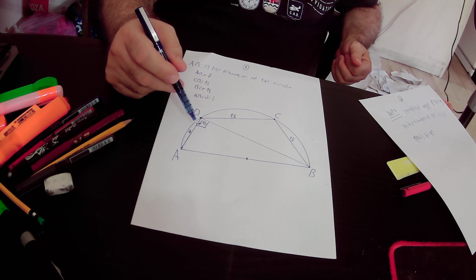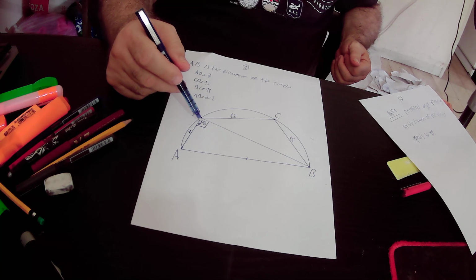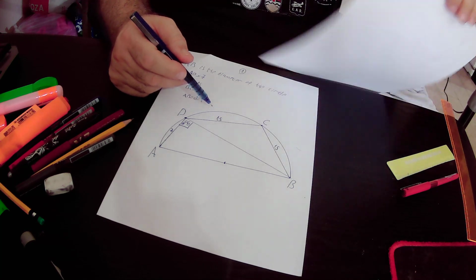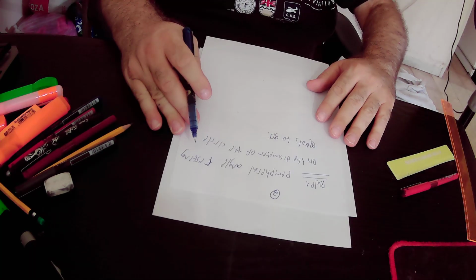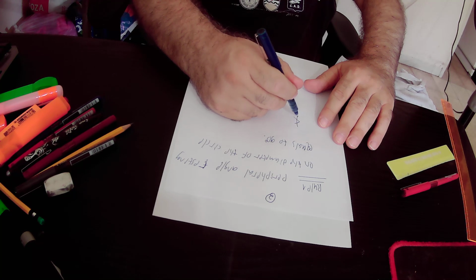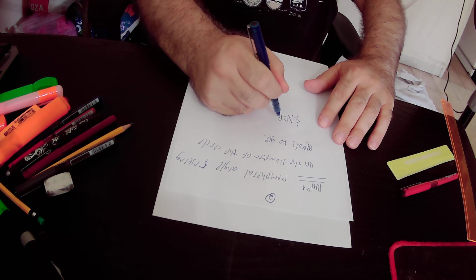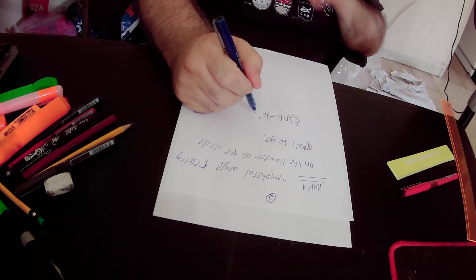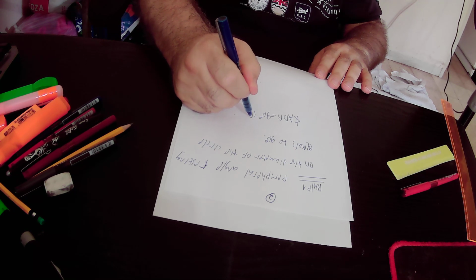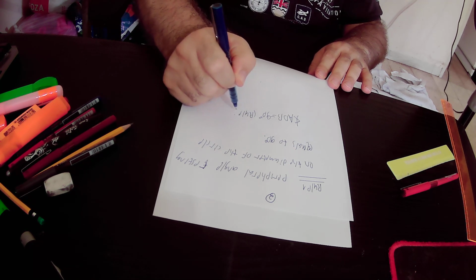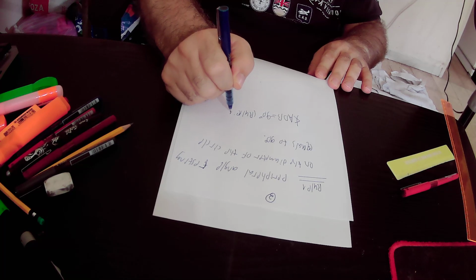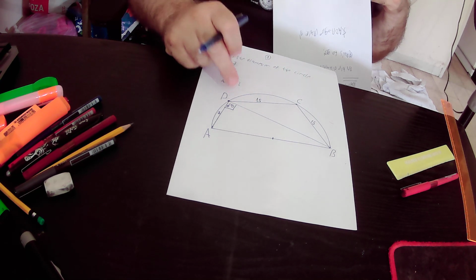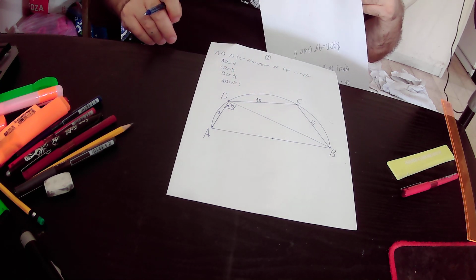Therefore, the size of angle ADB is 90 degrees according to rule number 1, because it rests on the diameter of the circle, that is AB.